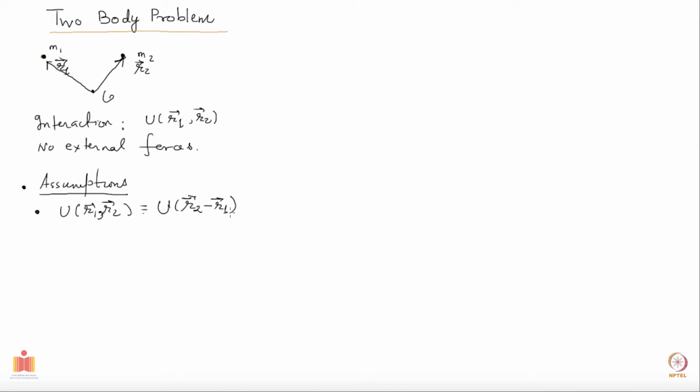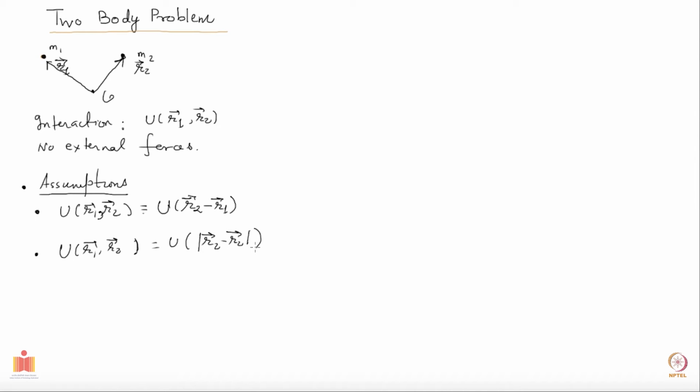Now, not only that, we want to further assume that U of R1, R2 is only dependent on the distance between these two particles.